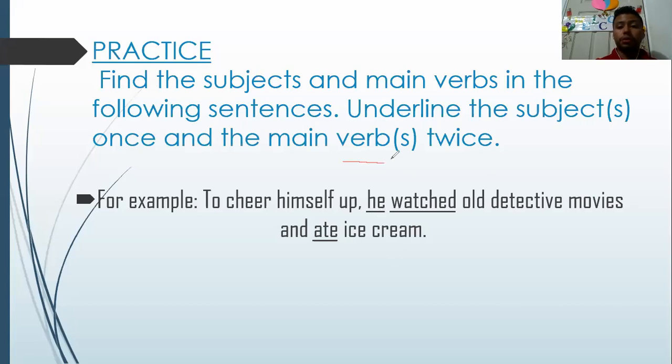And the verbs: in this sentence we have some verbs. For example, we have watched, you know, watch TV, but in this case it is in the past. Exactly, and ate. Wonderful, Derek. So we need to underline twice, 1 and 2. This is the dynamic, the activity, the practice. All right, let's begin.